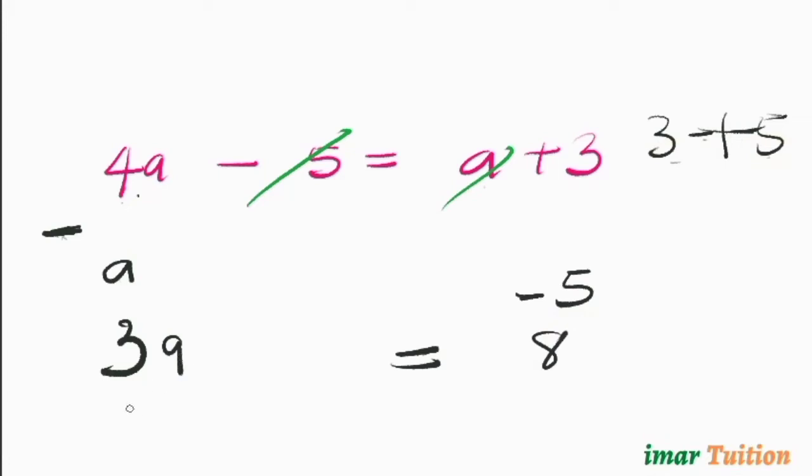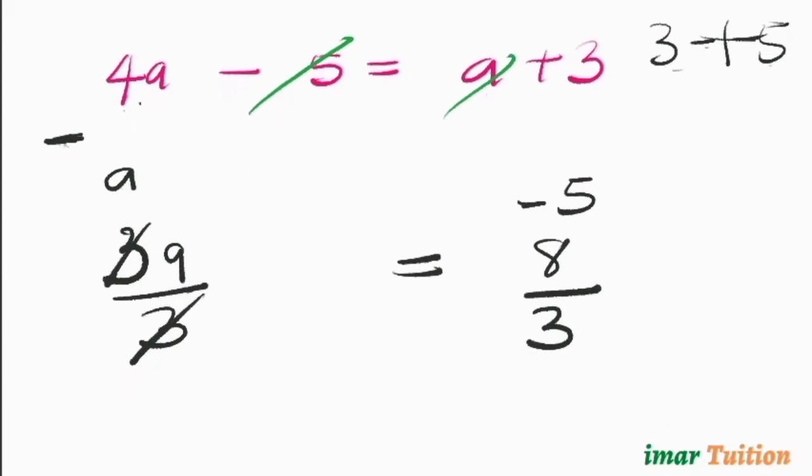Next, to find the value of a, you need to remove 3 from here. By doing what? Dividing here by 3. When you divide here by 3, you also do the same thing on the right hand side, because this is an equation. What you do on the left hand side, you do on the right hand side. 3 cancel 3 will give you 1. So you are left with a to be equal to 8 over 3.